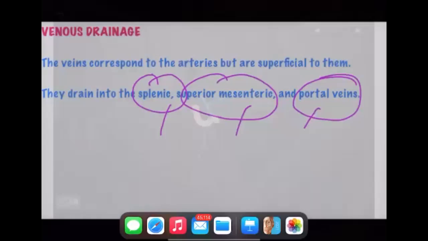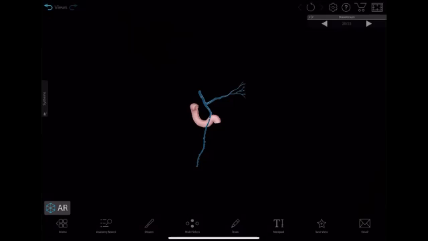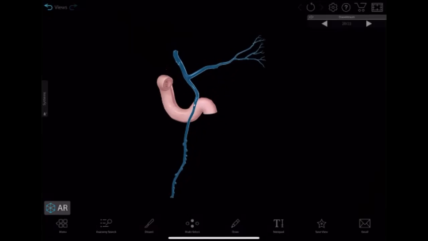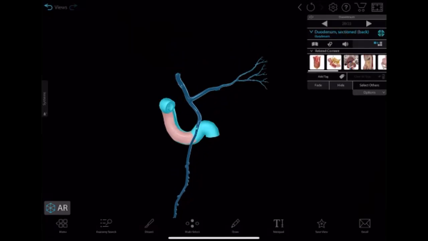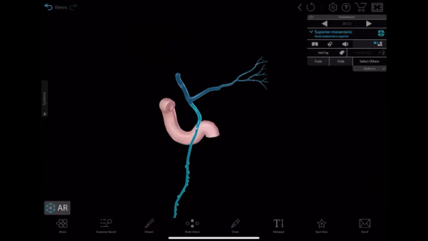You see this is the splenic vein, this one is the portal vein, and this one is the superior mesenteric vein. So all the venous drainage is into splenic, portal and superior mesenteric.